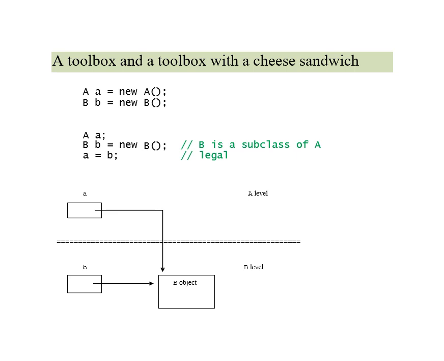We're declaring a to be type A, and we're declaring b to be type B, and b is pointing to a B object. And then we have this assignment statement: a is assigned b, and when you execute that statement, b is pointing to a B object.